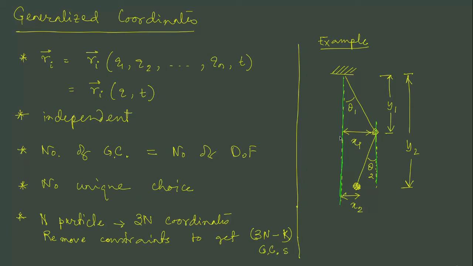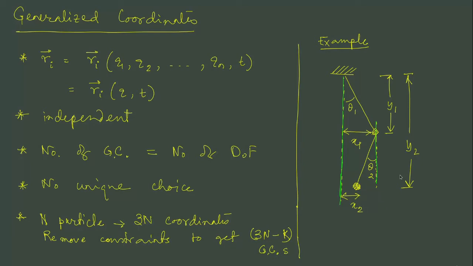We can choose, say for example, x1 and x2 to be our independent coordinates, or y1 and y2, or it could be theta 1 and theta 2. Usually we choose the pairs of similar kind, but there is no absolute reason to do so. We can also take a mixture, theta for one pendulum and x for the other.